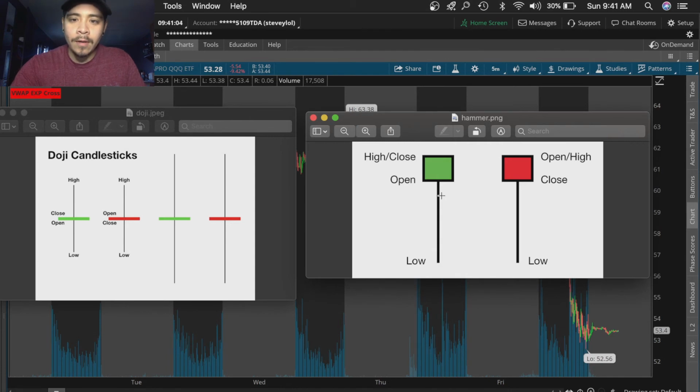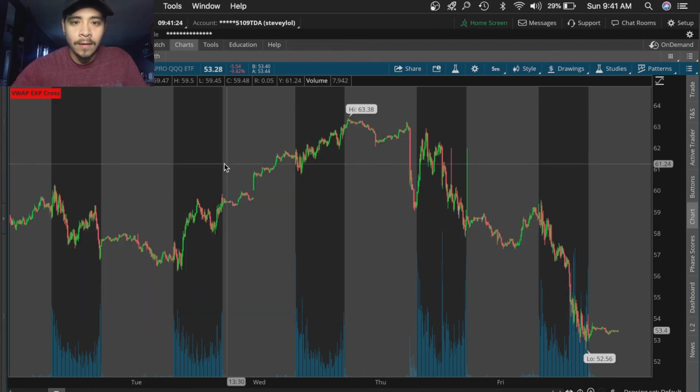So it's a strong push up. And then same thing right here. It's a red one. I kind of wish this was reversed. I'll show you guys right now in a second. But open right here, close here, buyer stepped in strong. So this is a hammer. I guess you could say it stems from looking like a hammer, but I'll show you guys an example here.